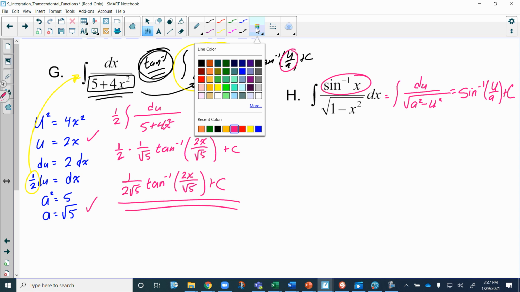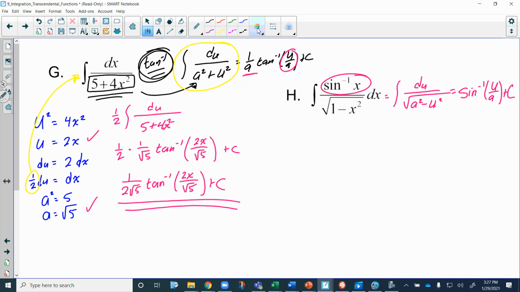So what is what here? Okay, in this case, I'm going to look at u as being the inverse sine of x. So du is what?